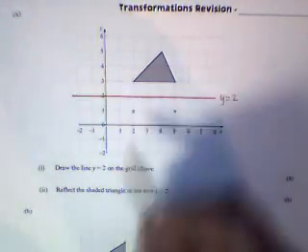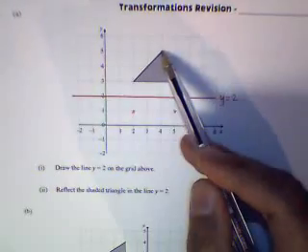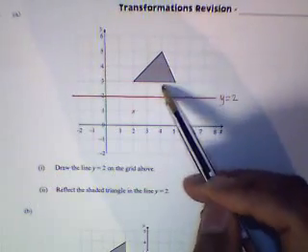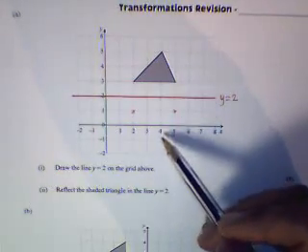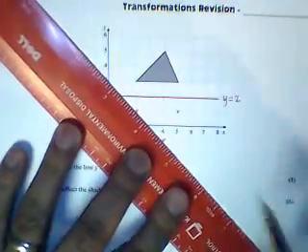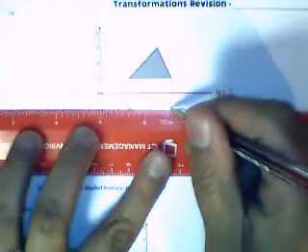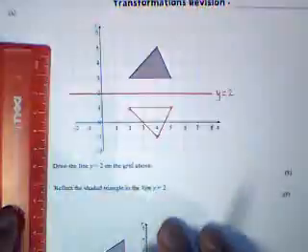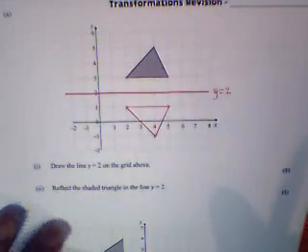If you want to, you can label it y equals 2, and then to reflect it, we look at it point by point. This point is 1 away from the line, so it must be 1 away from this side of the line. We tend to call this the object. The object is 1 away from the mirror line, so the image will also be 1 away from the mirror line.